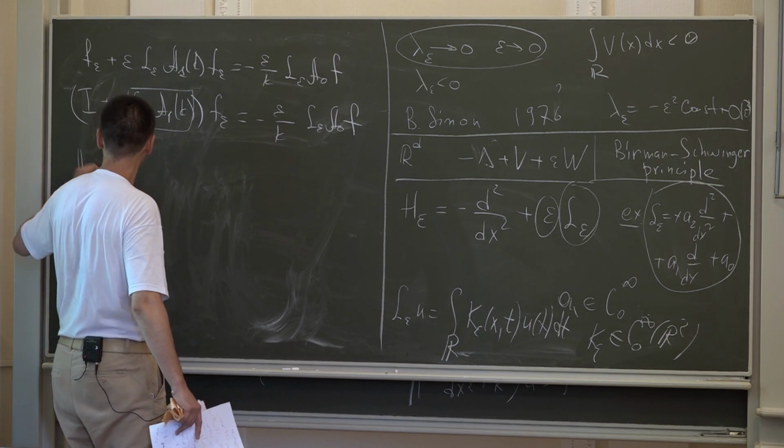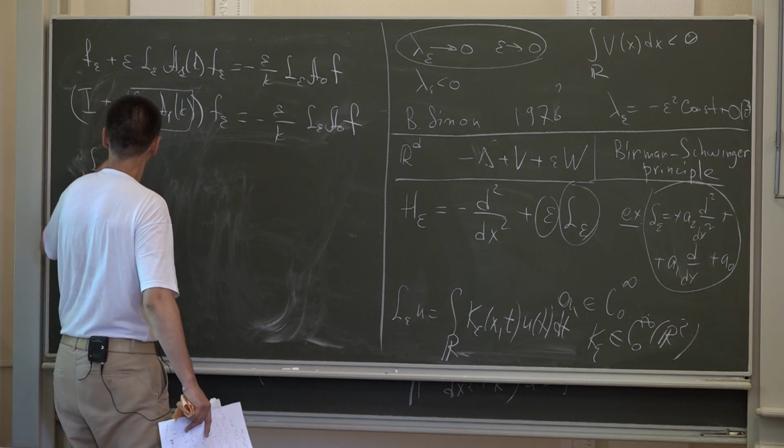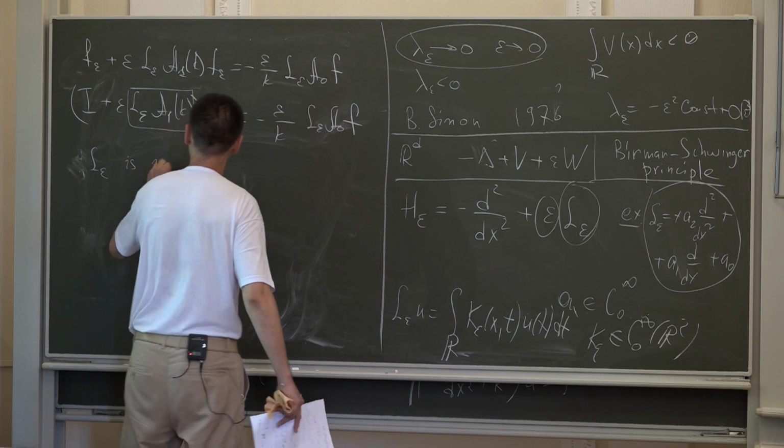So right now we should assume that L epsilon is also uniformly bounded.